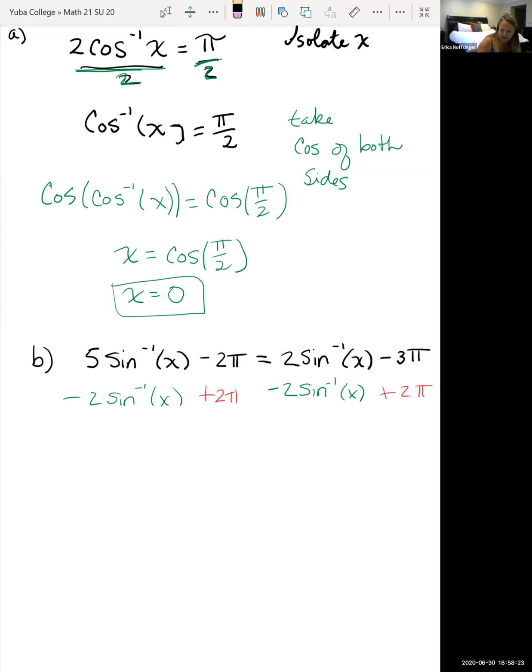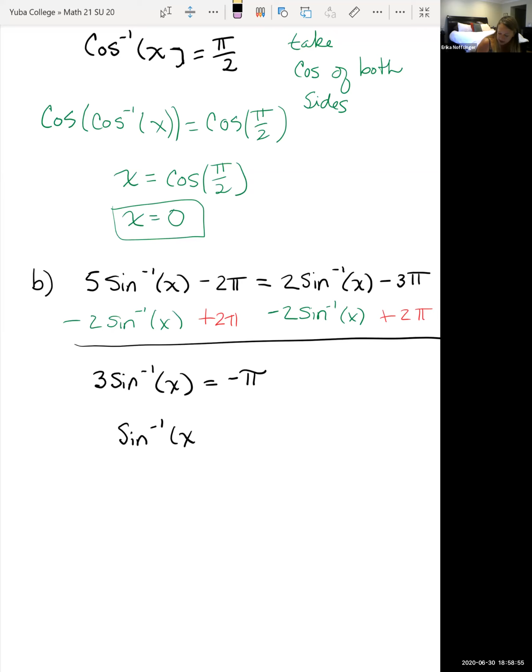So doing that, we get 5 sine inverse of x minus 2 sine inverse of x gives us 3 sine inverse of x, which is equal to negative 3 pi plus 2 pi, which is negative pi. We can divide both sides by 3 to get sine inverse by itself. So sine inverse of x is equal to negative pi thirds.